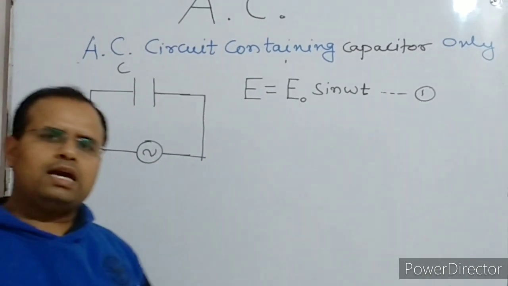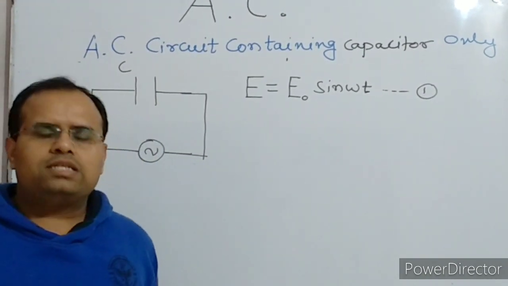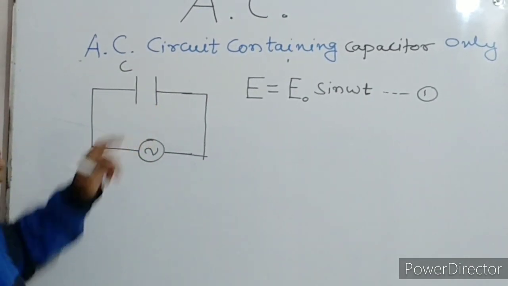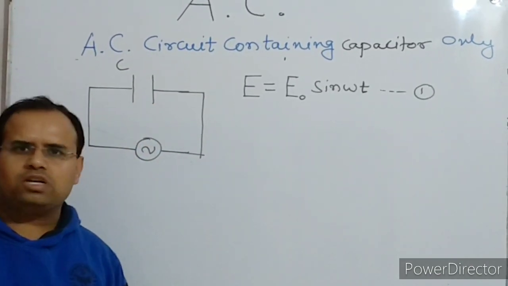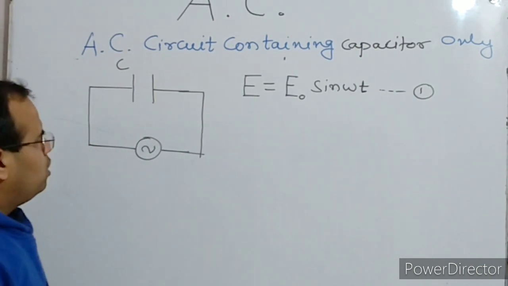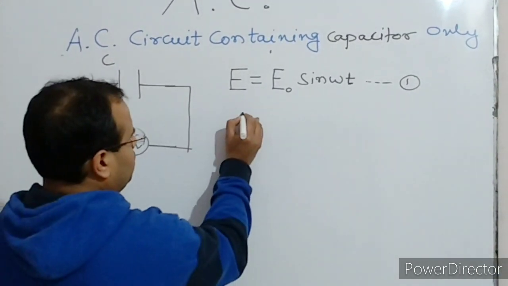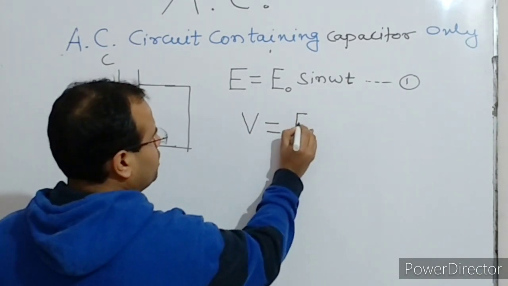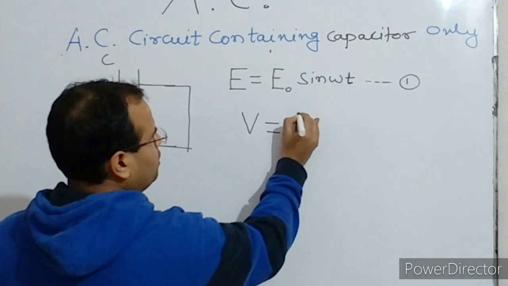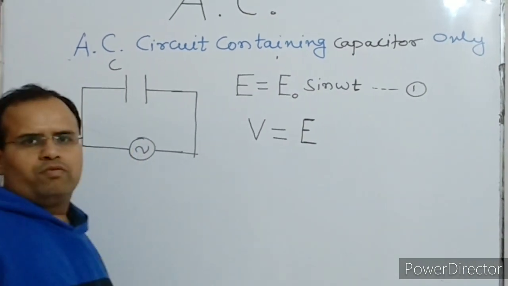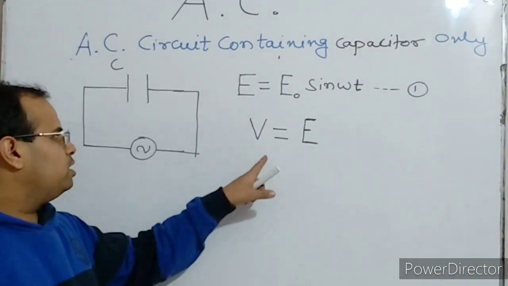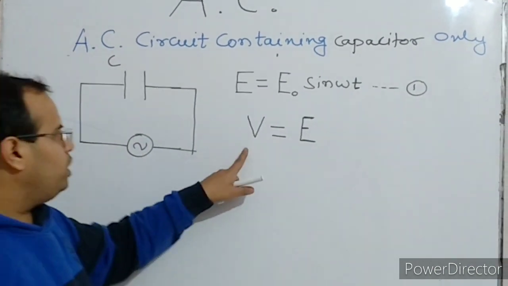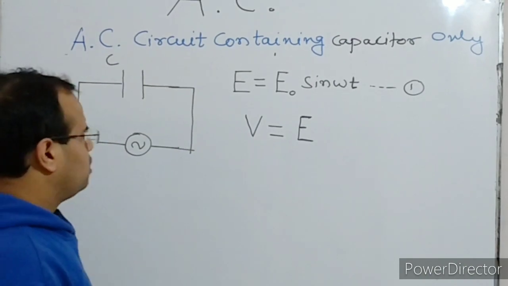As the value of the EMF varies, similarly the potential difference across the plates of the capacitor will also vary. Every time the alternating EMF varies, there will be a change in the potential difference.